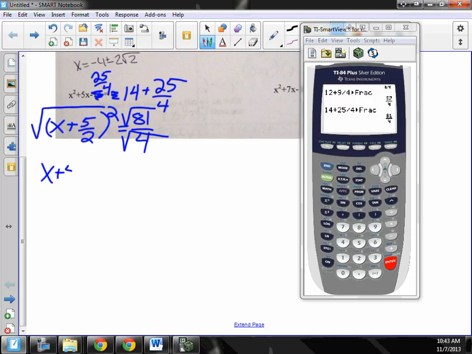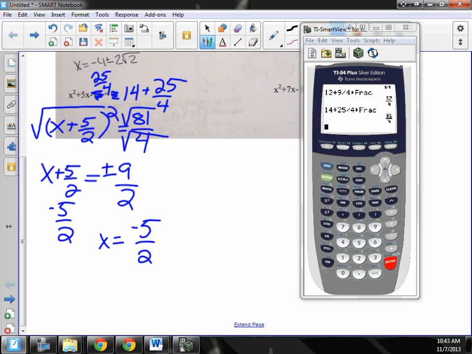So x plus 5 over 2 equals 9 over 2. I forgot something. Do I need an I? Plus or minus, right. I don't need an I because they were both positive. Okay? So now I subtract 5 halves, and I get x equals negative 5 over 2 plus or minus 9 over 2.